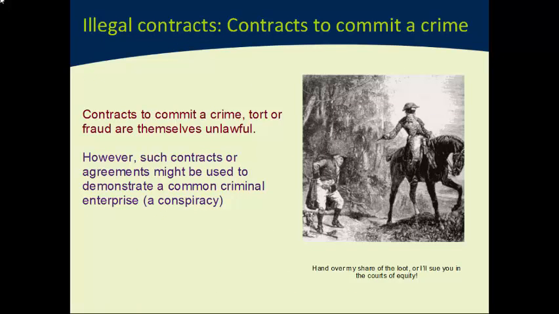Let's start with illegal contracts, and we're going to start with the highwayman's case because it really does set out the idea here quite brilliantly. Think about contracts as we've discussed them right the way since week 1 and formation.